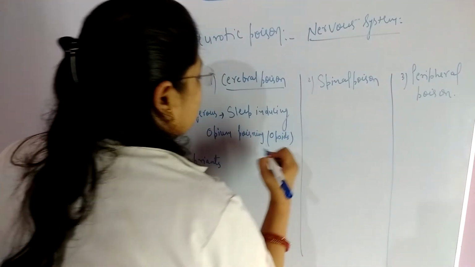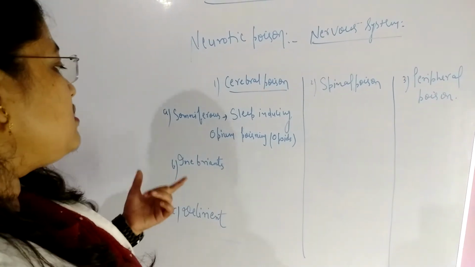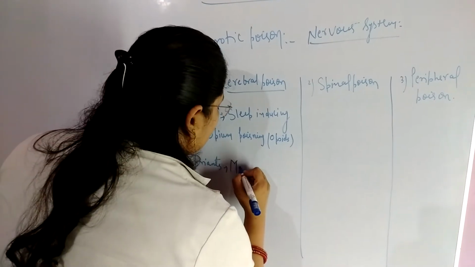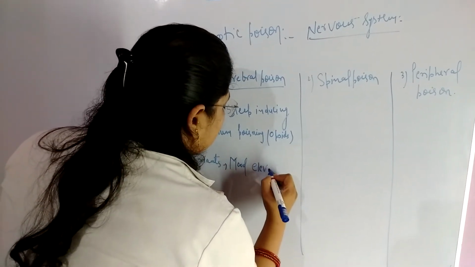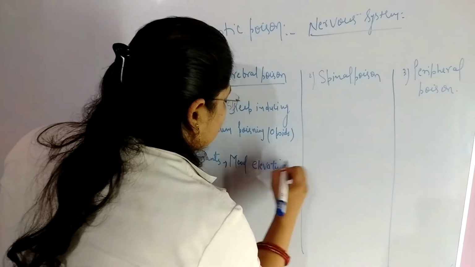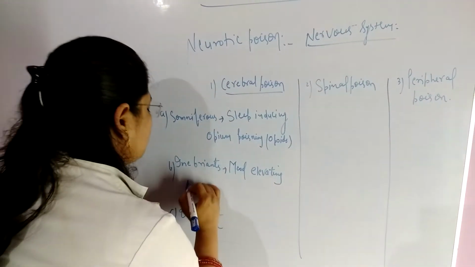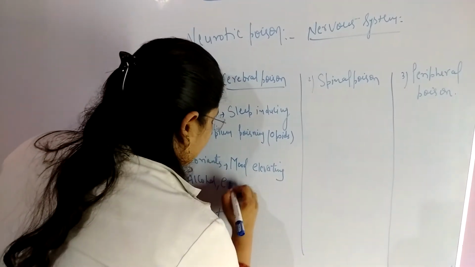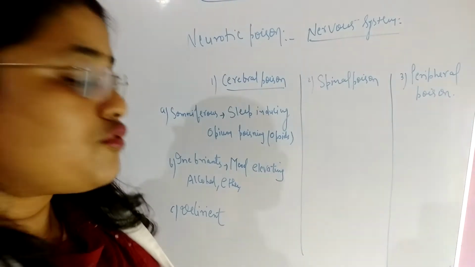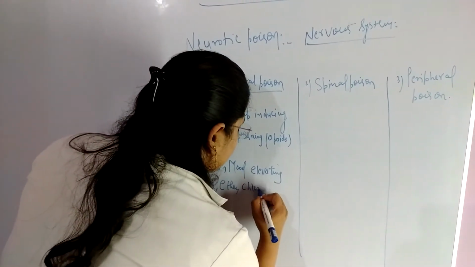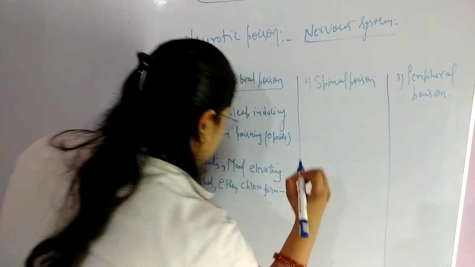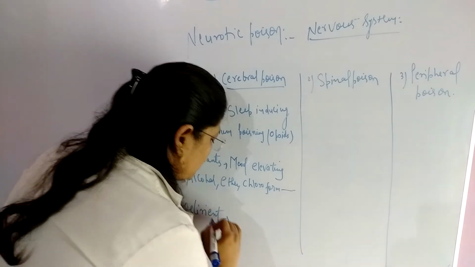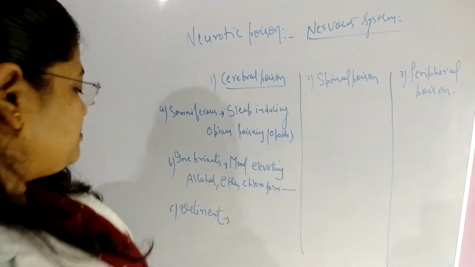Inebriants are mood-elevating poisons like alcohol, ether, chloroform, etc. In deliriant poisoning, we see delirium.